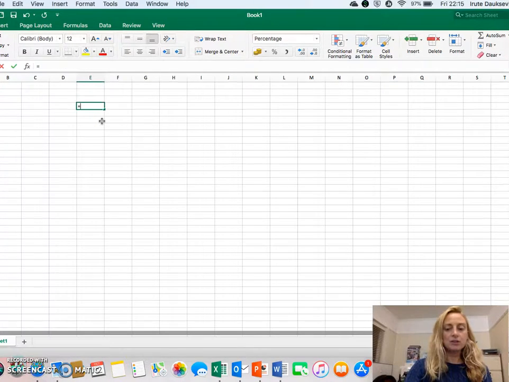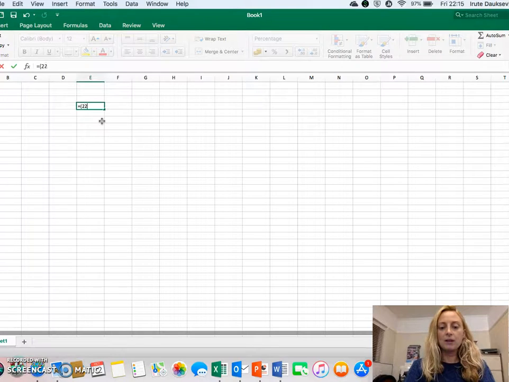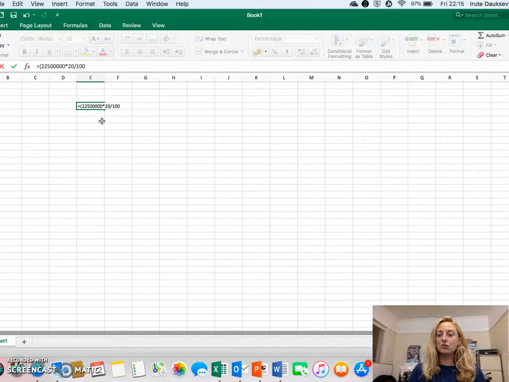We would simply do this: £2,250,000 times 20%, because that's how much marketing contribution was. So let's not worry right this very moment about how these 20% were estimated, but for the purposes of simplicity. So this was marketing contribution.